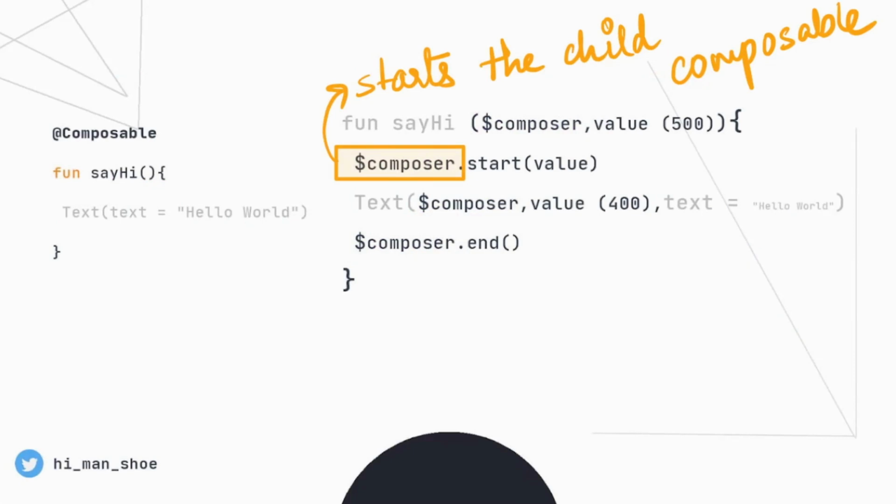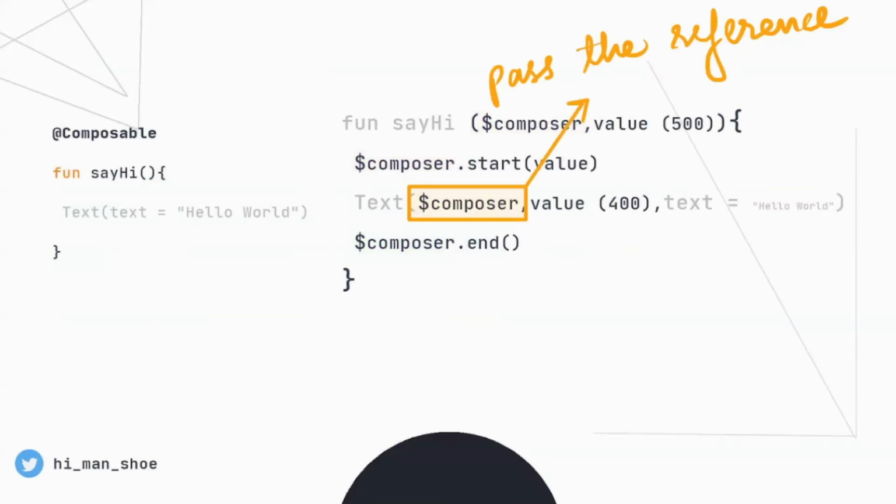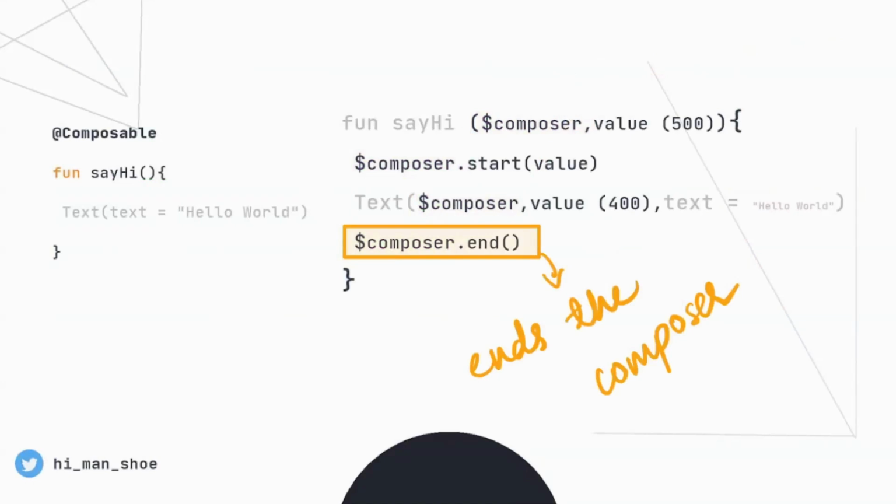When we do a start, it basically says, okay, now let's start rendering the other composables which we have. Then as a next step, we pass the reference to the next composable, like how we did in the text. But here you can see we have a different set of values, right? And when this composable runs, we just end that composer.